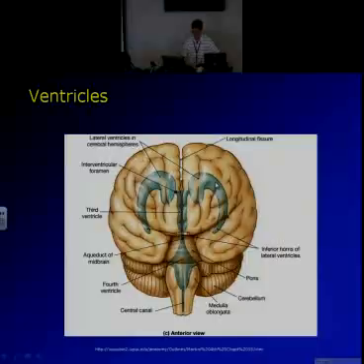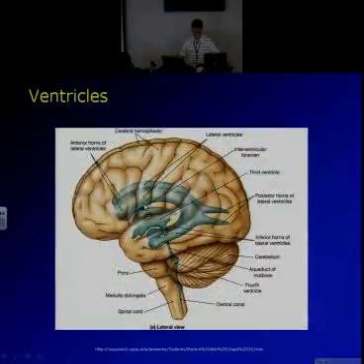I think it's straightforward. Probably the helpful piece of this is appreciating why on imaging sometimes you see different slices. If the slice is right through here, you do see the nice bow tie or butterfly shape of those ventricles.